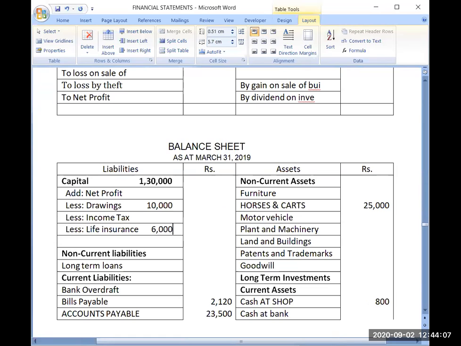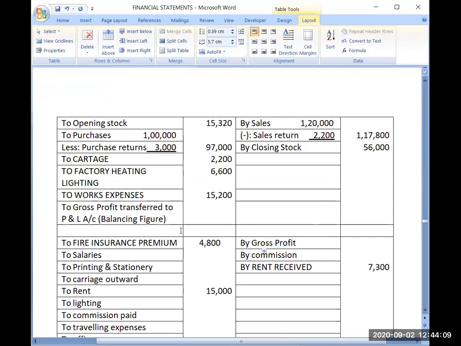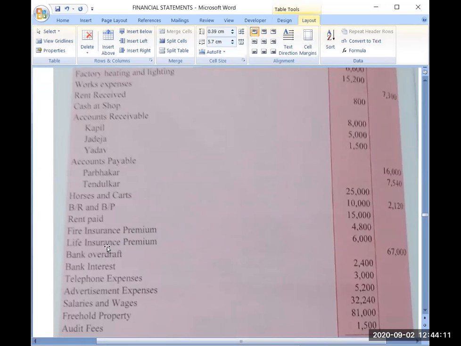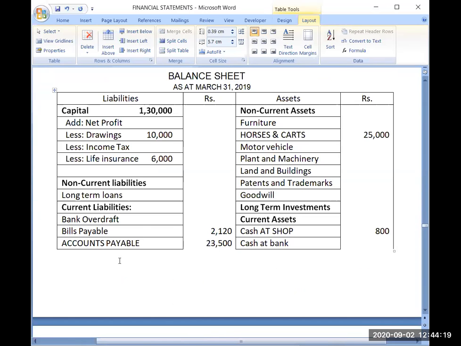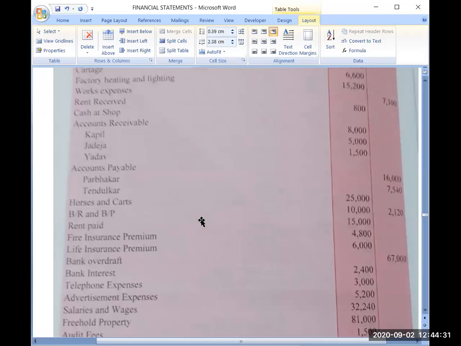Any query till here? Bank overdraft is your liability, 67,000. Then bank interest.